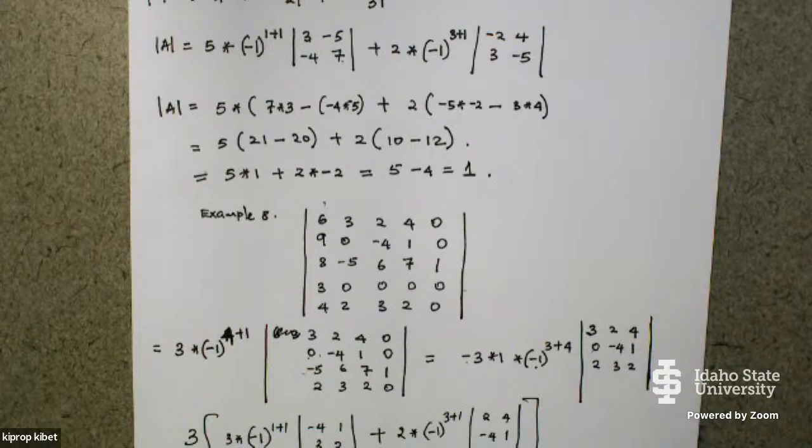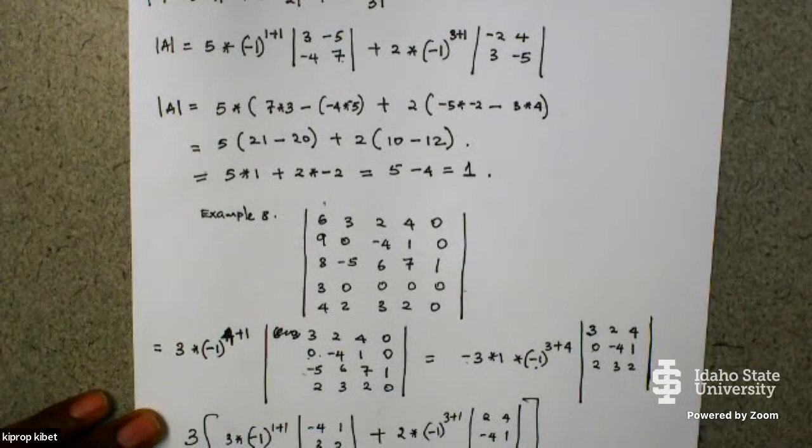So from here now, you are able to get the answer. So 3 outside, so 1 plus 1 is 1. So this will be 3. Now you can use 2 by 2 there. So finally, what we get is 3.